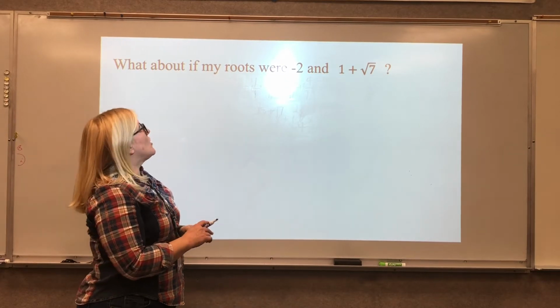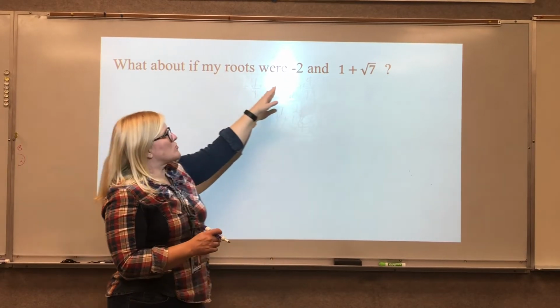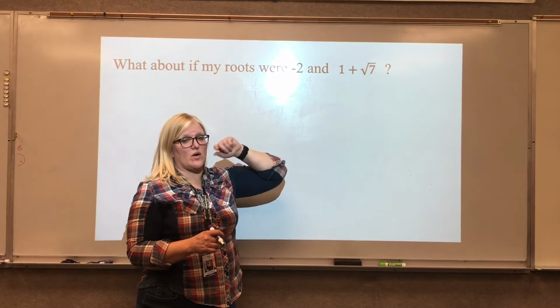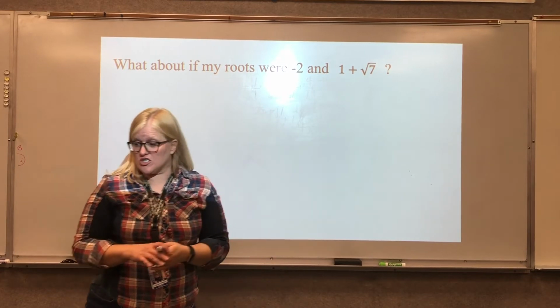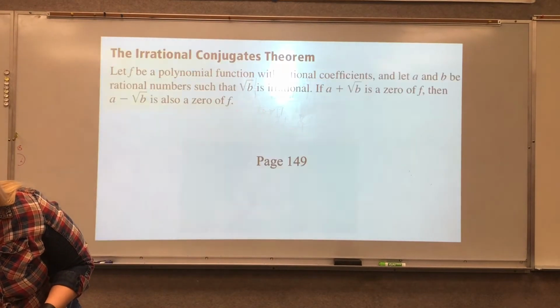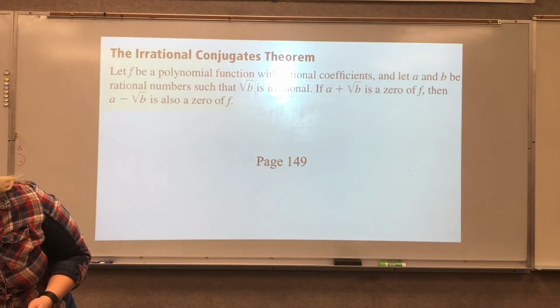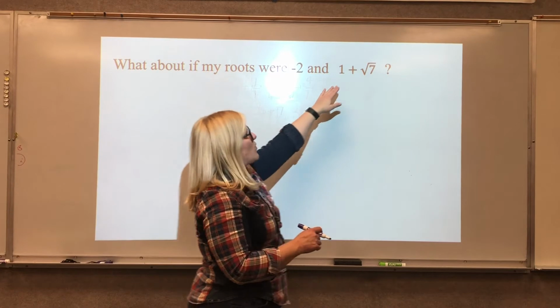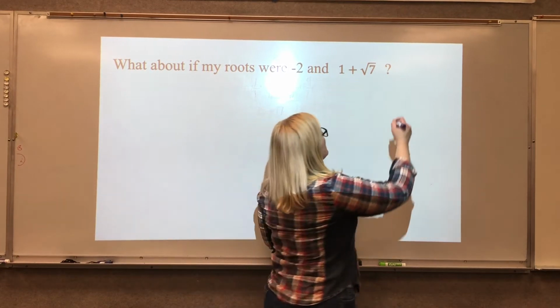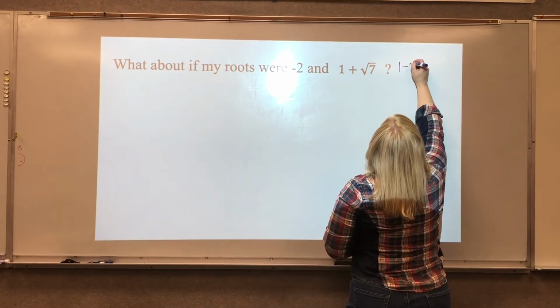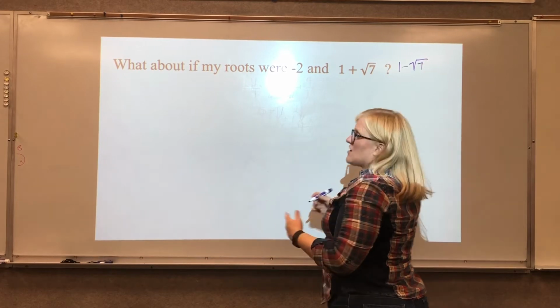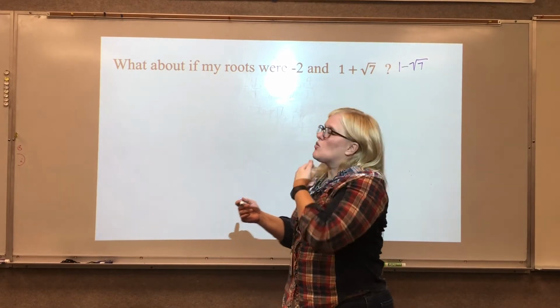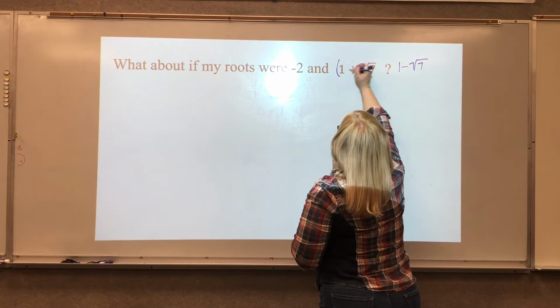Okay, so what about if my roots were -2 and 1 plus the square root of 7? Well, I just learned from the irrational conjugates theorem that if 1 plus the square root of 7 is one of my roots, then 1 minus the square root of 7 is also one of my roots. So we're going to treat this really as a number.